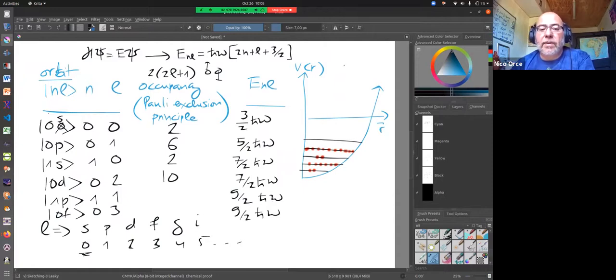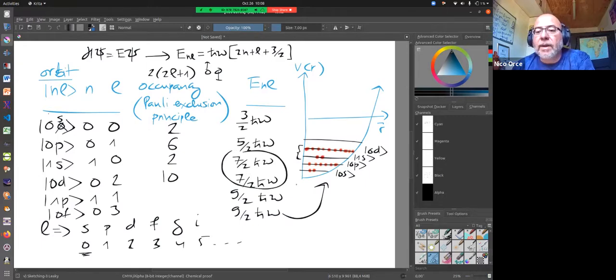But what I want to say now is that we can put all these things here, knowing that this guy is the 0s. The next guy is going to be the 0p. The next guy is going to be the 1s. And the next guy is going to be the 0d. But now we see that these two guys are degenerate. So they were not written properly. They should have the same energy, right? Because they both have the same 7/2 h bar omega.